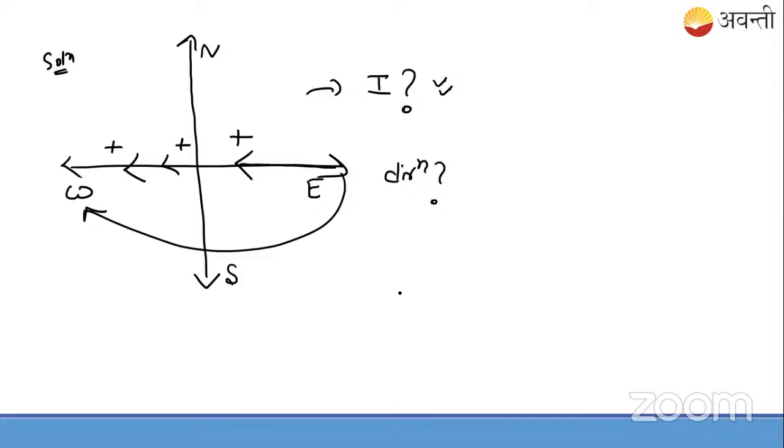Look, it's very simple. If you see a circuit, let us go to the next slide. Suppose you have a circuit like this. This is the positive potential of the battery. This is the negative potential of the battery. And suppose you have a bulb here like this.